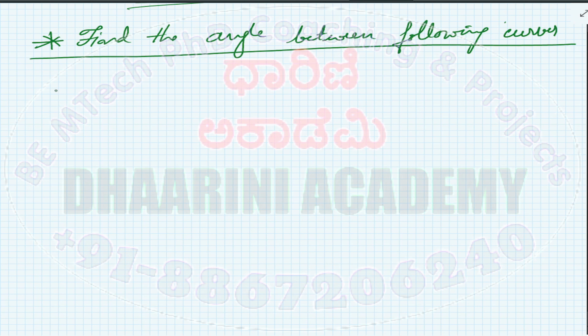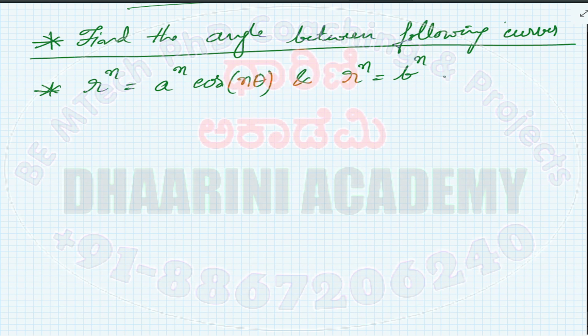Let's say the first one is r to the n is equal to a to the n cos n theta. So r is a function of theta, and the other function is r to the n is equal to, say, b to the n sine of n theta.